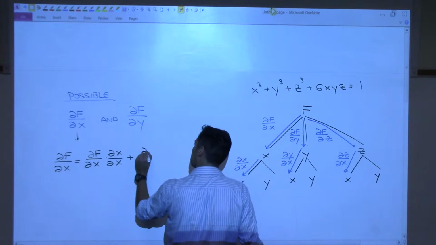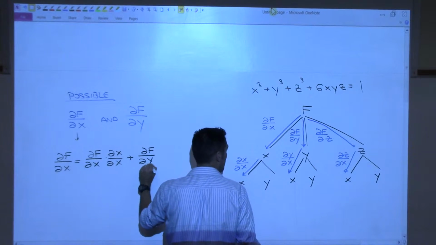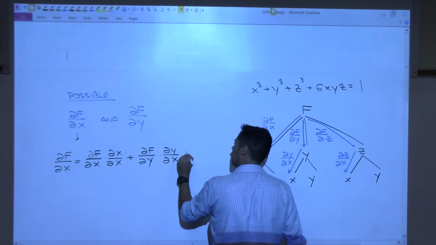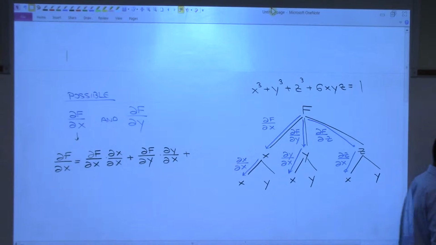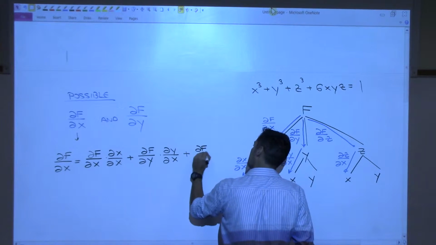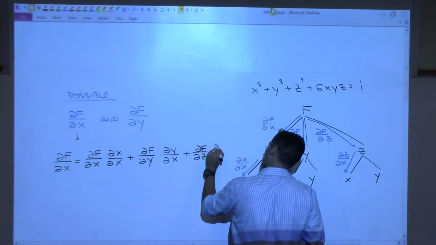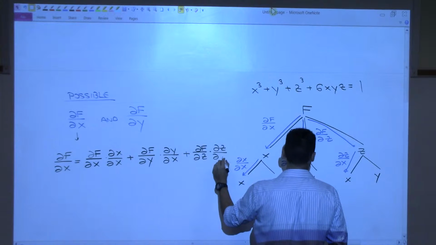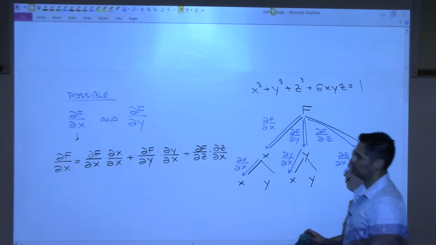Partial F with respect to Y times partial Y with respect to X plus one more. Partial F with respect to Z times partial Z with respect to X. Y'all still with me?